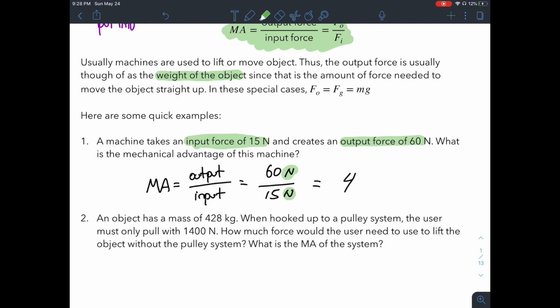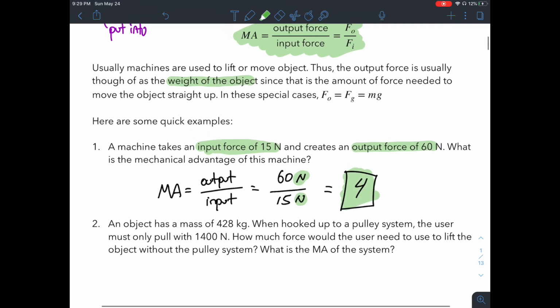And that right there is our mechanical advantage. It is 4. This machine is increasing our effort by a factor of 4. So if we were to put in, say, 25 newtons, we would be able to lift up something that is actually 100 newtons in weight. And so on. So that's really cool.